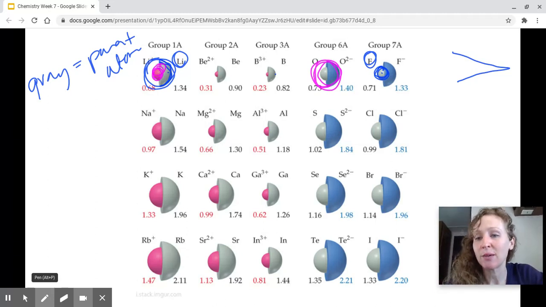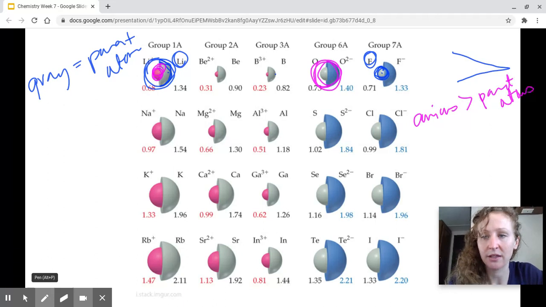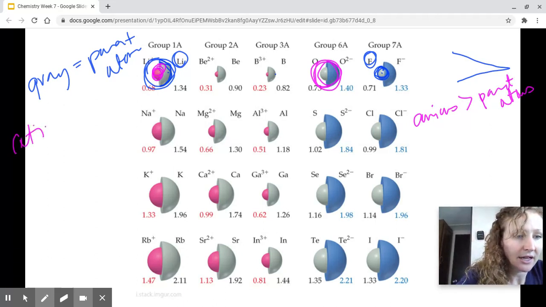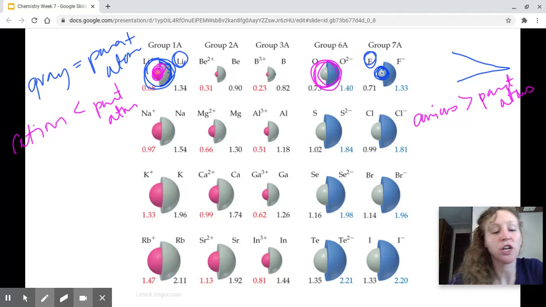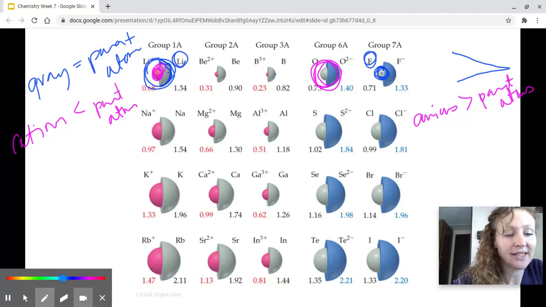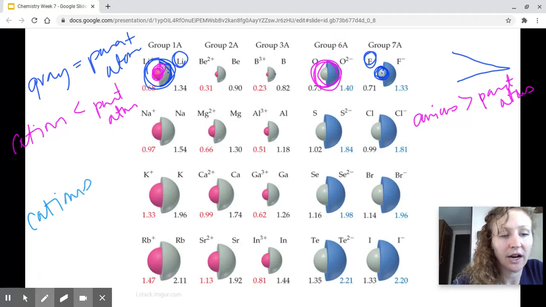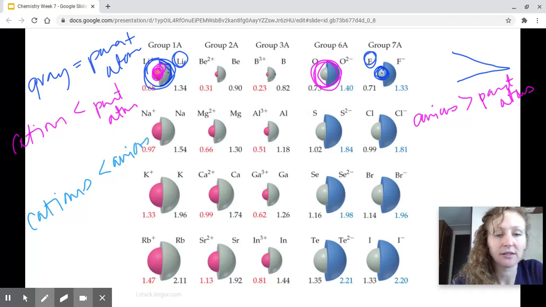So we see the same trend of anions being bigger than parent atoms that we had on the last slide. Cations are smaller than their parent atom. We had that on the last slide. We can also kind of throw in a third trend here and say that cations within one period are going to be smaller than anions.